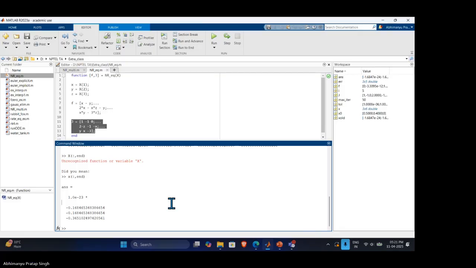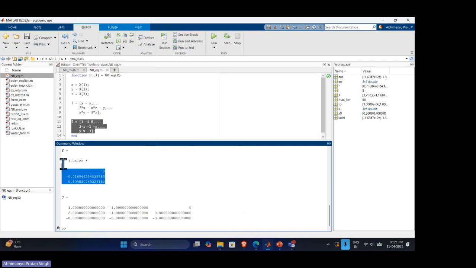Let me pass that. Yeah, so you can see that the F value that we are getting is 0, right? So that means 0, 0, 0 is the solution to this problem.